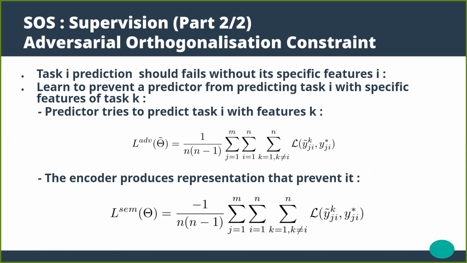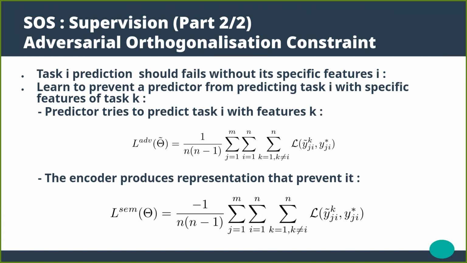Said otherwise, we want to prevent any regressors from being able to predict, say, task I with any other task-specific features than the one specific to task I. For that purpose, we simply train predictors to predict, say, task I from other specific features, for example, the features specific to task K. So this gives us the first loss term on the slide, which is basically a classification loss that is optimized so that the predictor predicts task I from features specific to task K.